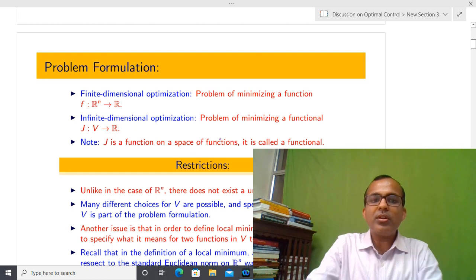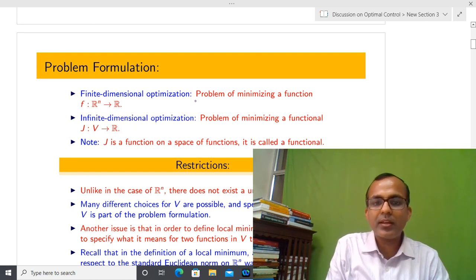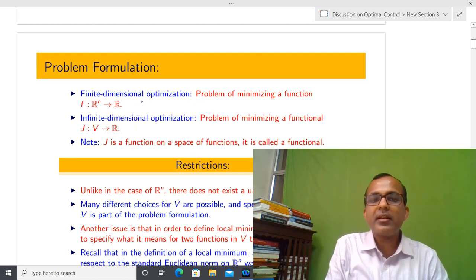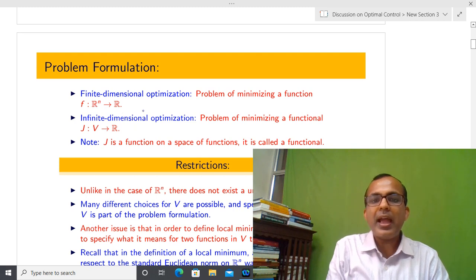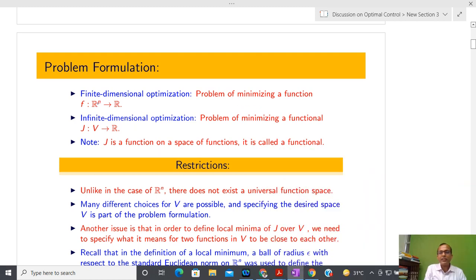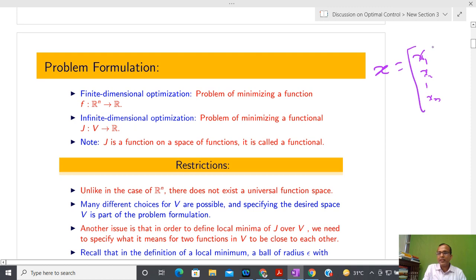If you see clearly, in order to talk about a finite dimensional optimization problem, we have to minimize a function. The argument of the function might be x1, x2 up to xn, and here I have f(x).